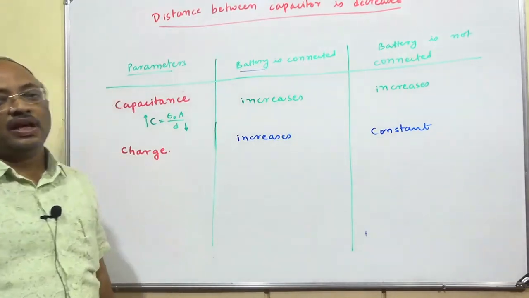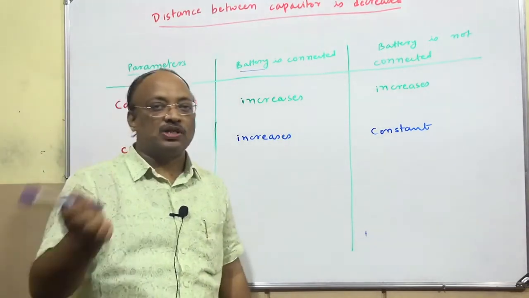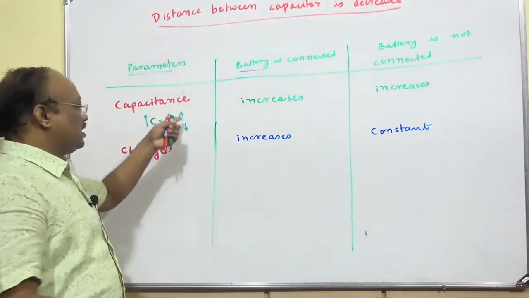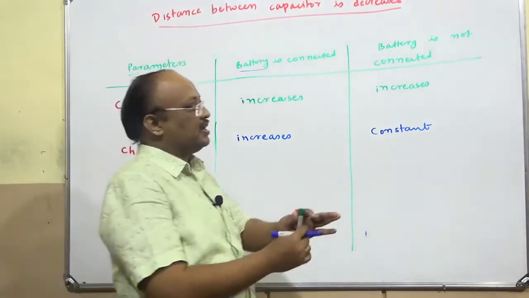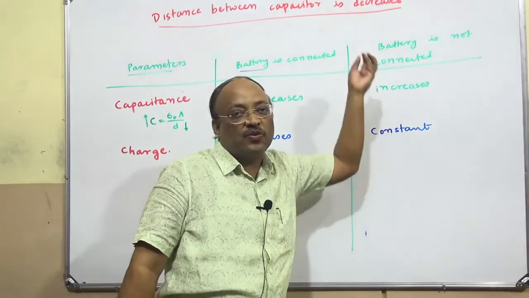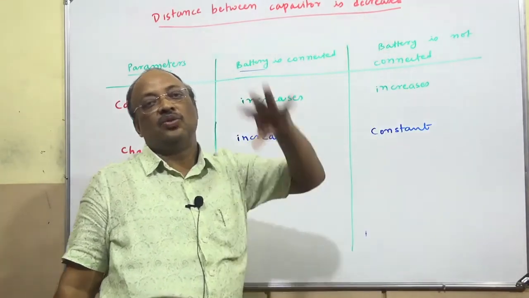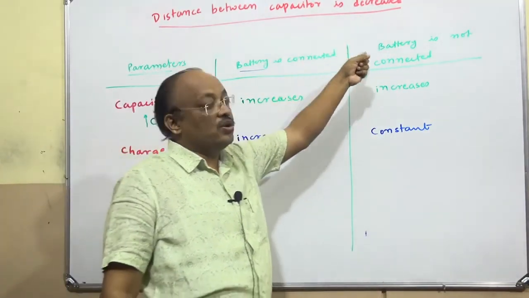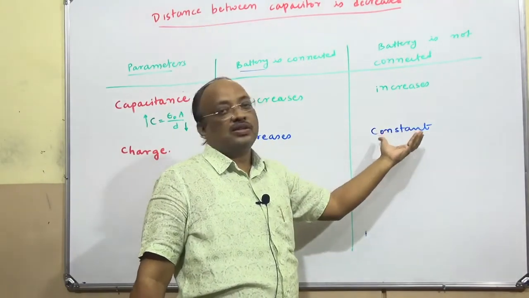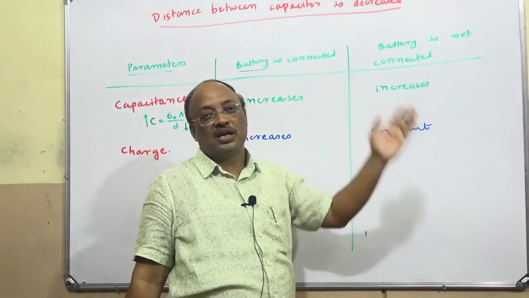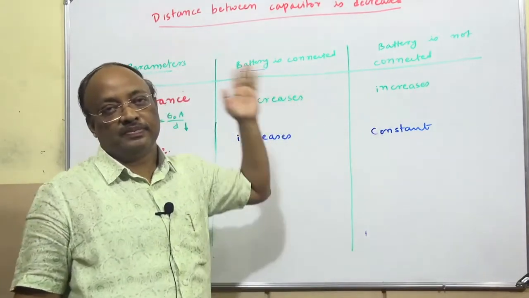With the decrease in the distance, of course, capacitance has increased, but there is no facility to fill the charge in it. Though we can do that, the battery is disconnected, so you cannot. So charge remains the same.